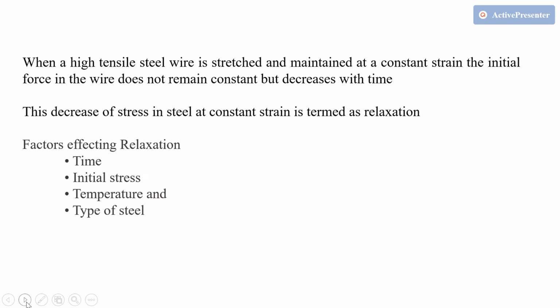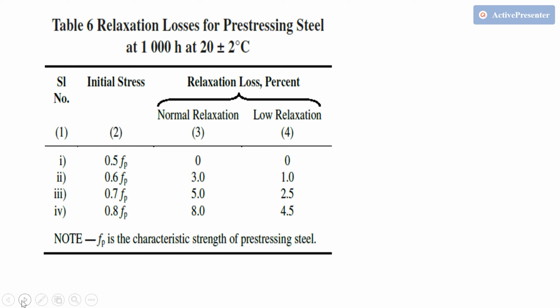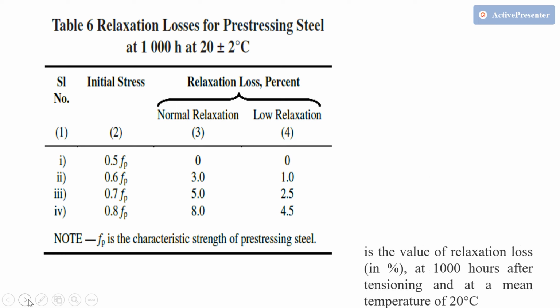The factors affecting relaxation are the time of stretching, the initial stress applied, the temperature, and the type of steel being used. The relaxation loss is directly given by IS 1343 in Table 6, based on the characteristic strength of the prestressing steel.